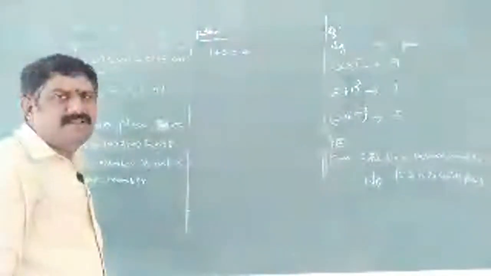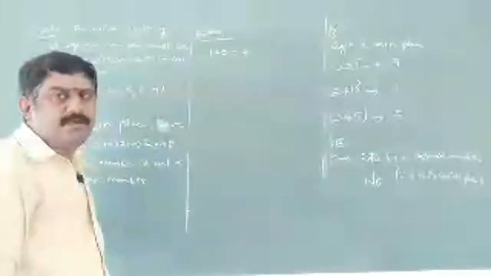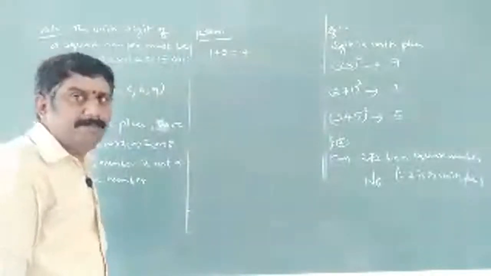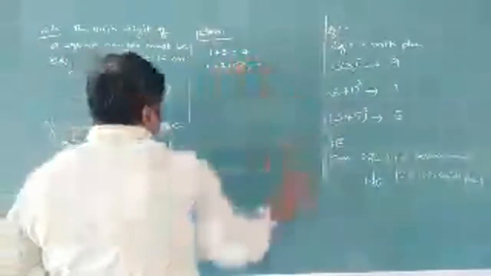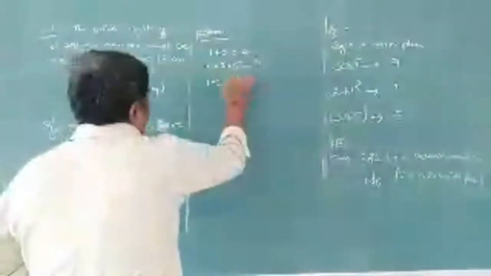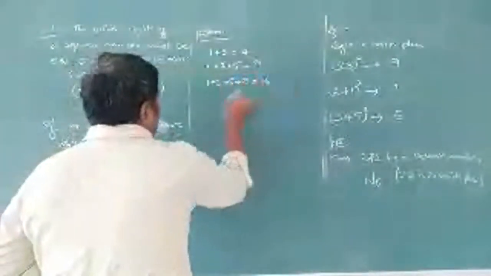Why 1 plus 3? Because these are consecutive odd numbers, 1 and 3, starting from 1. Next I am taking 1 plus 3 plus 5, 3 consecutive odd numbers from 1. So 1 plus 3 is 4, 4 plus 5 is 9. 1 plus 3 plus 5 plus 7 is 16.